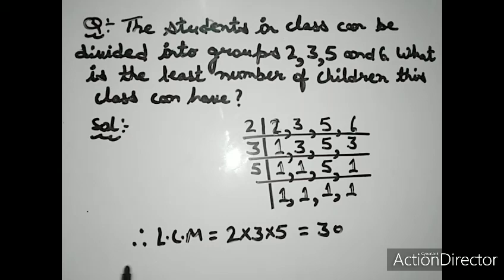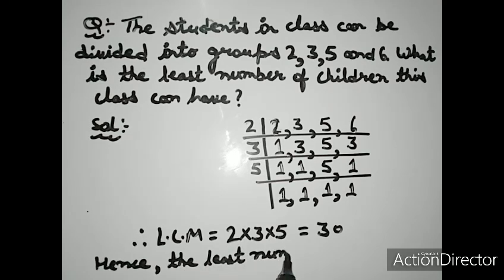Okay, so here we write, hence the least number of children in the class is 30.